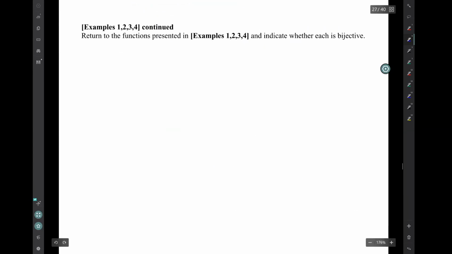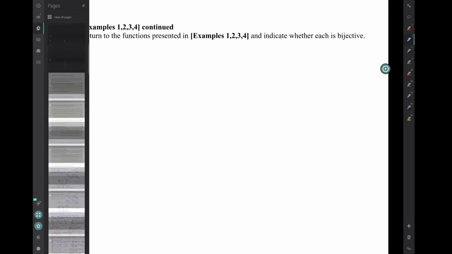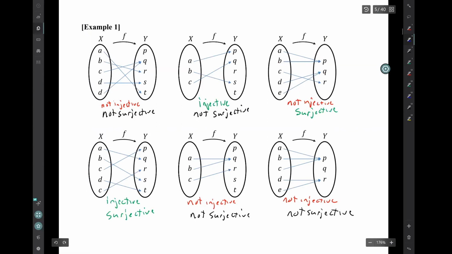Let's go on. Now let's go back to the functions presented in our previous examples and indicate whether each is bijective. So let's go back to example 1. So here's example 1. Notice that we only have a single function that is both injective and surjective.